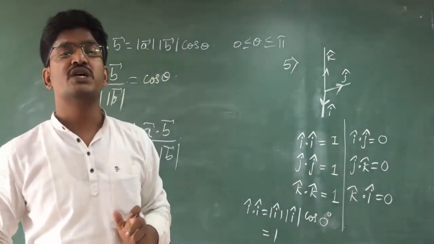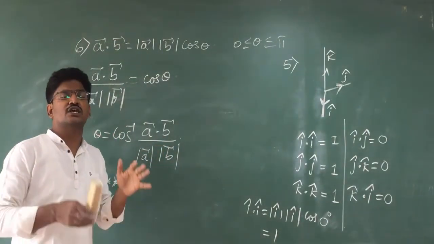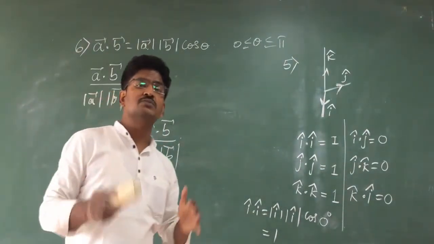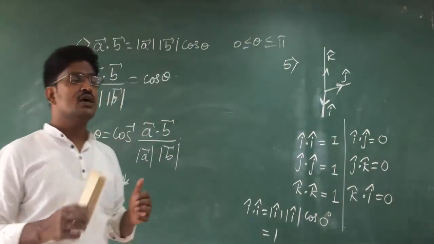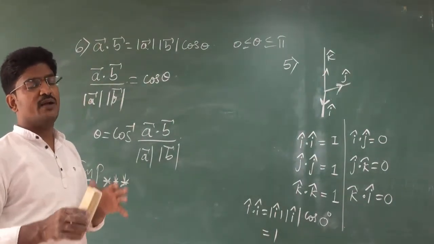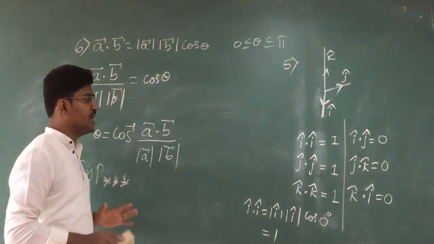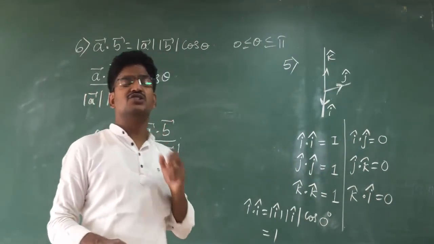These six observations are very important. On these six observations you are going to get problems in your exercise. So, my dear students, please make sure that these six observations are very much clear.